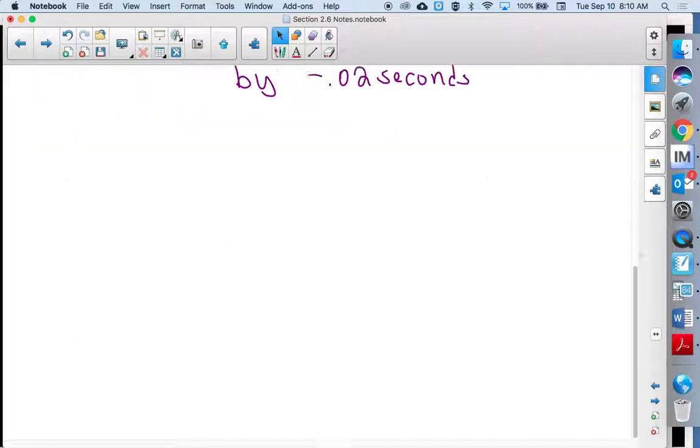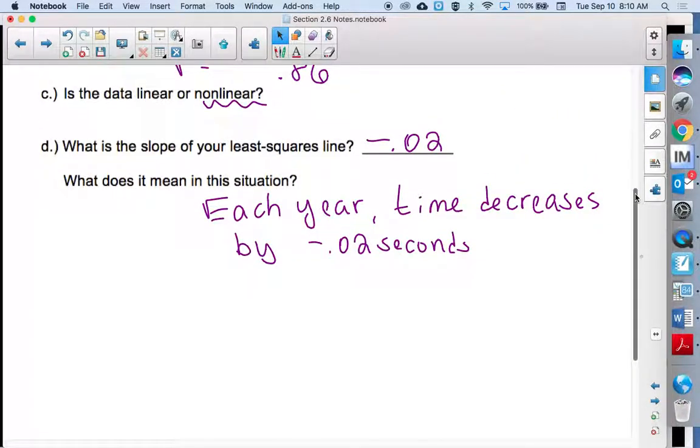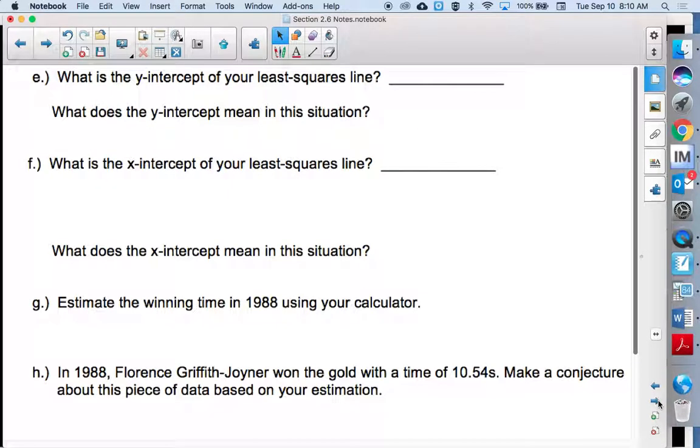So it's going down 2/100ths of a second, which doesn't seem like a lot, but that's every year. So then every 4 years, once we hit the Olympics, it would have gone down 8/100ths of a second. So we have then the y-intercept of our equation.